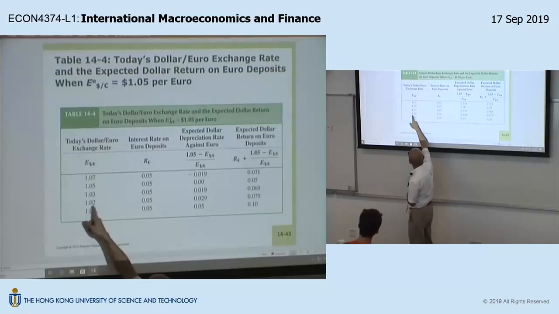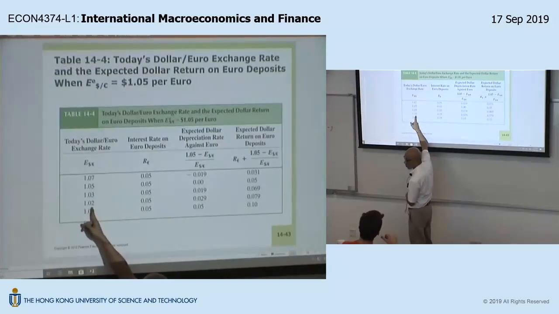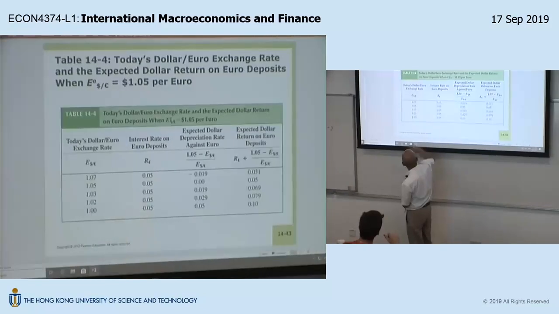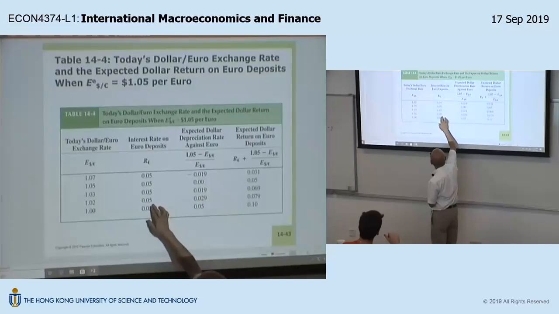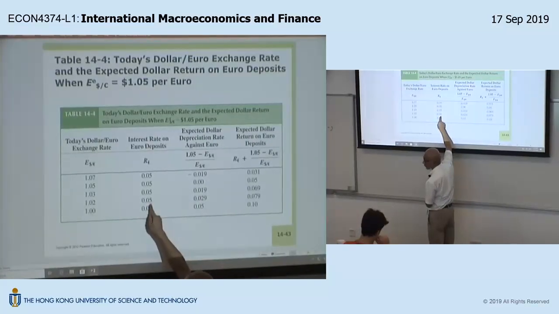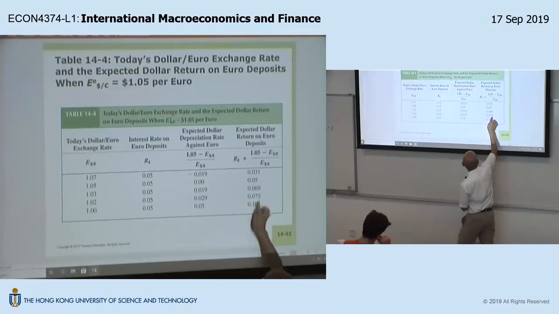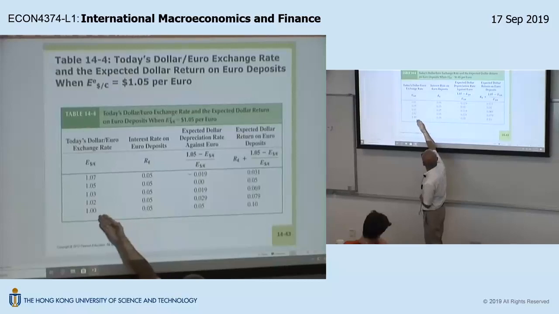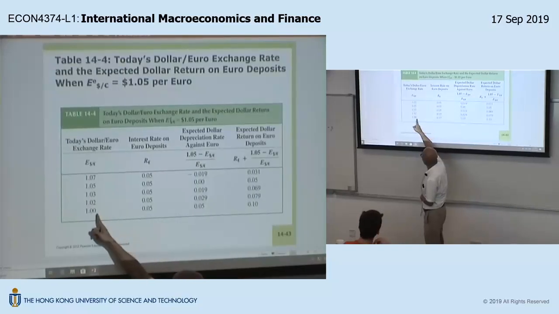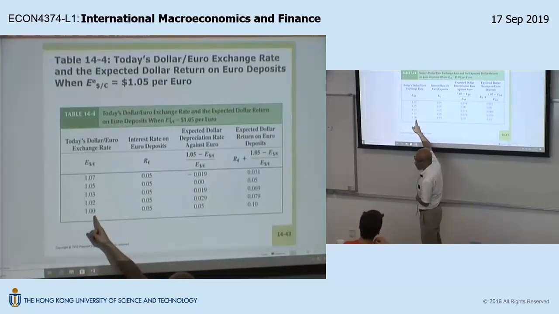Again, here the euro is expected to appreciate. You compare 1.02 with 1.05, right? Again, the dollar rate of return on euro deposit will be greater than 0.05. Even larger, because the rate of appreciation of the euro is even larger.